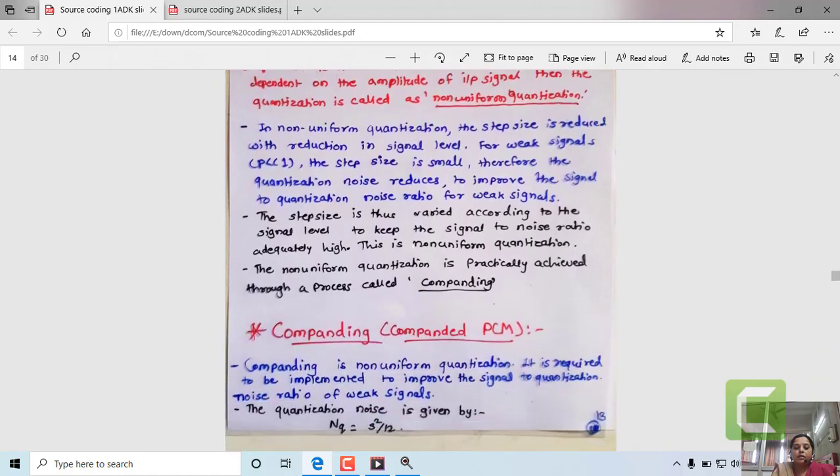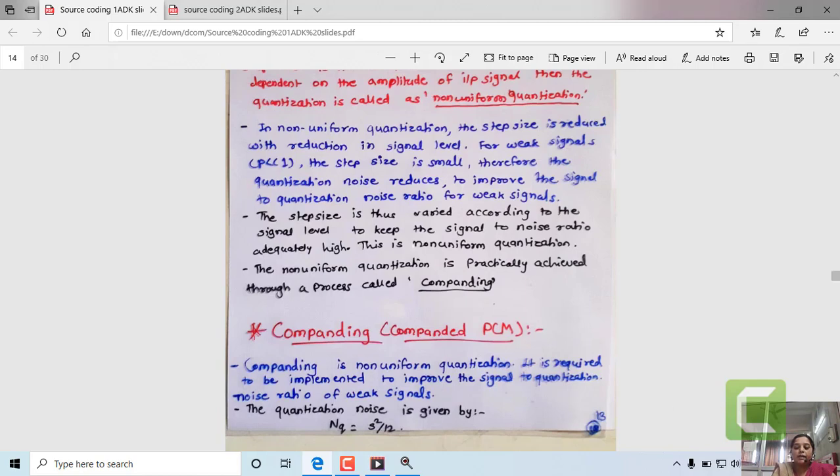Compounding is a type of non-uniform quantization which is used to maintain the SNR value of the signal at a particular level, even though your signal at the input is either taking a larger value or it is weak at the input side. Whatever the input signal level change, your SNR should be maintained at a constant value, and that is the task of the compounding process.